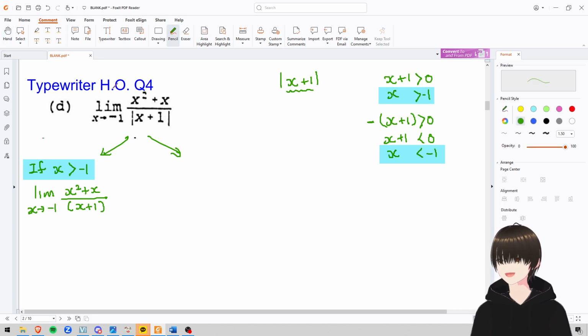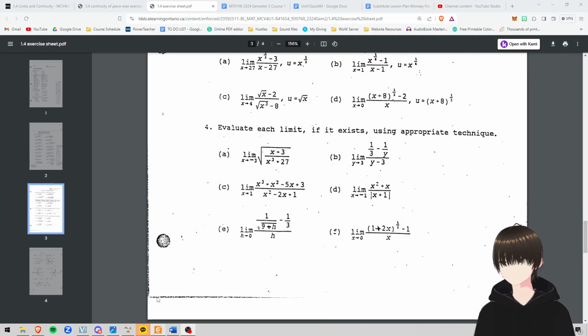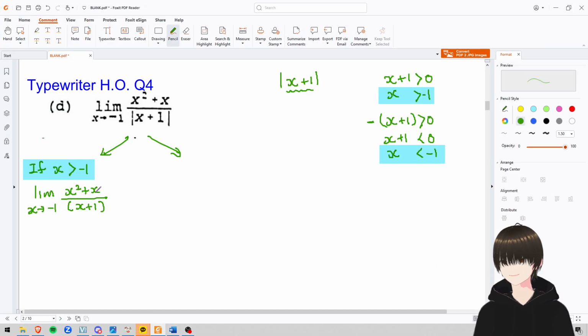Now might be a good time to remind you that the question says evaluate each limit if it exists using appropriate technique. So if it exists means I have to confirm left side and right side are equal to each other. That's why I'm doing left side and right side of negative 1.